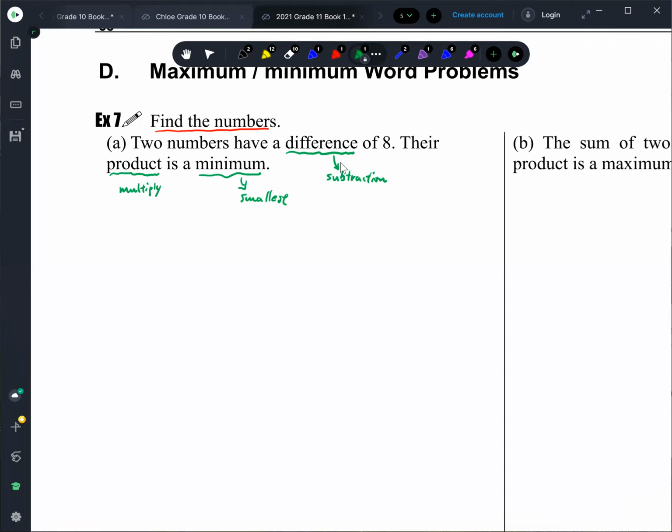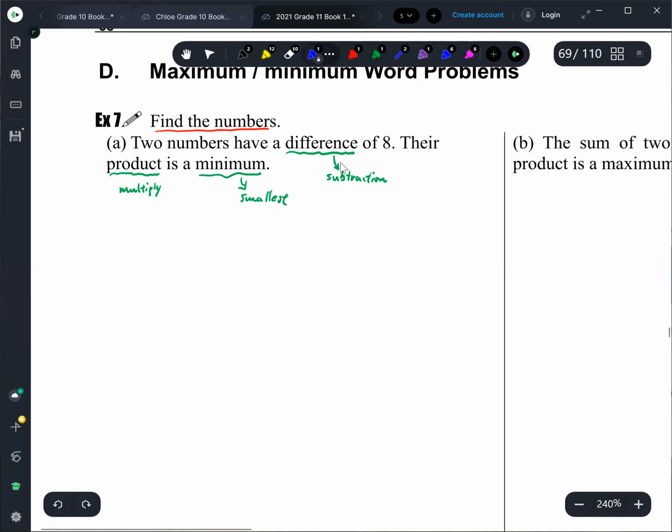So for the two numbers, you must make sure they subtract to equal 8. And when you multiply the two numbers, you want to make it as small as possible. To demonstrate with some examples, we will make a table. You can draw the table like that.